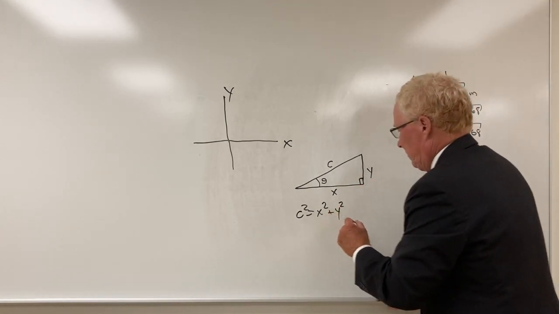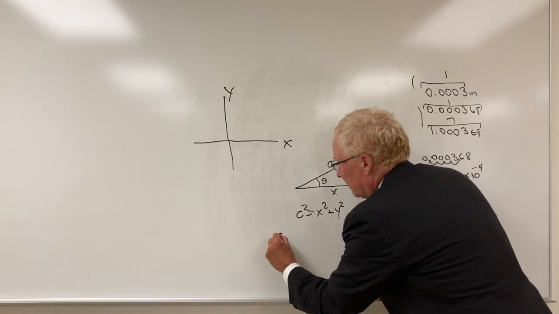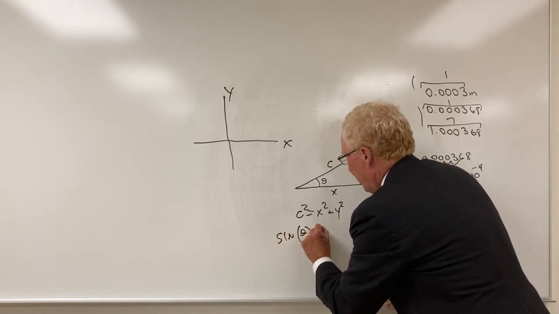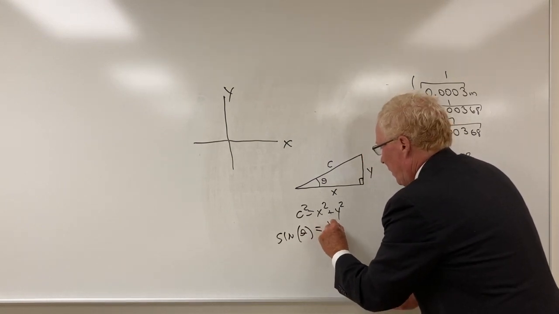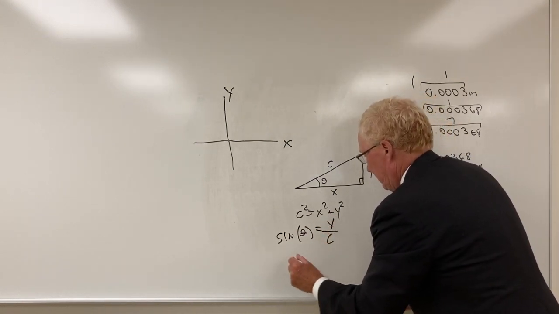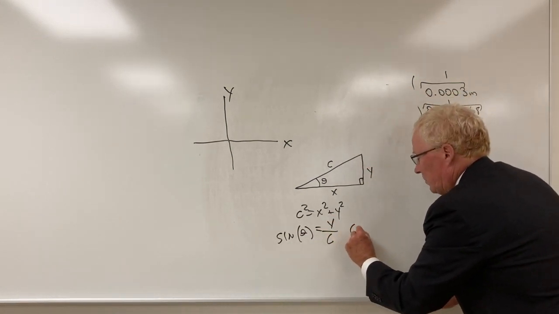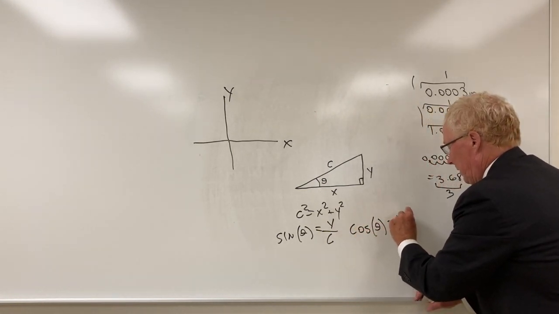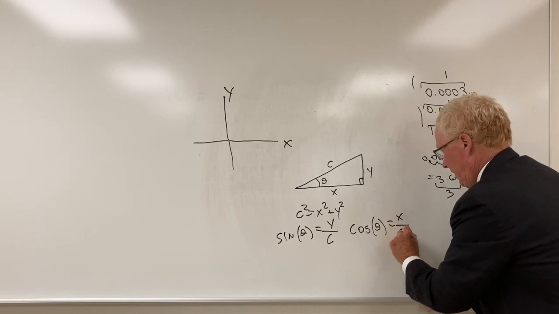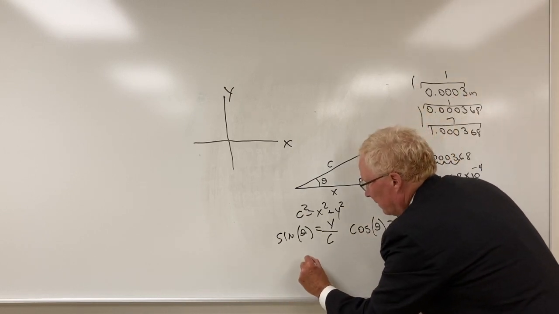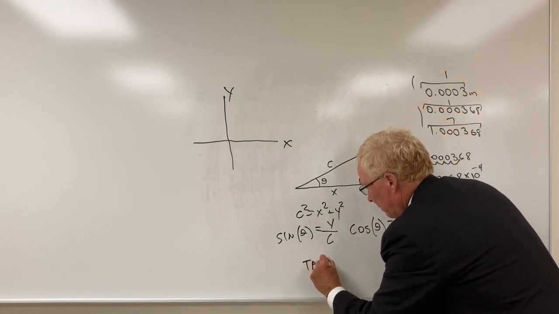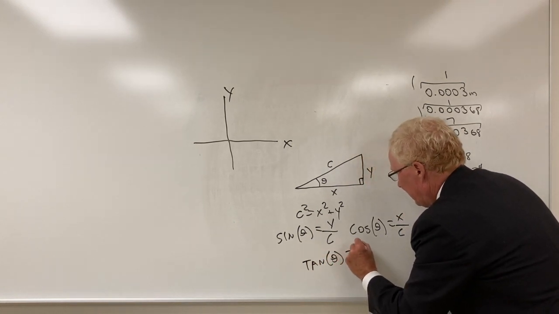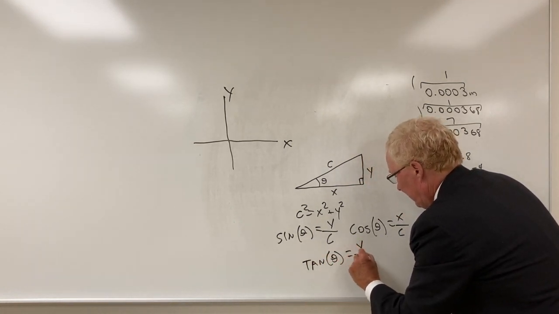As far as this is also concerned, we define the sine of the angle as y over c. We define the cosine of the angle as x over c, and the tangent of the angle is y over x.